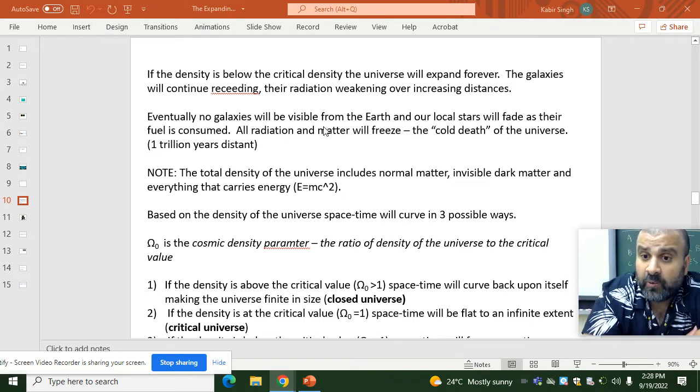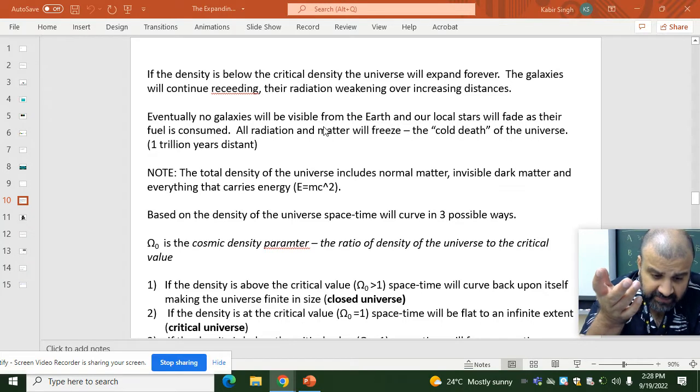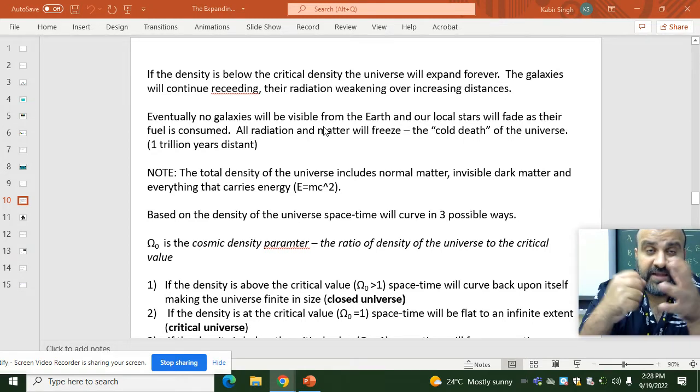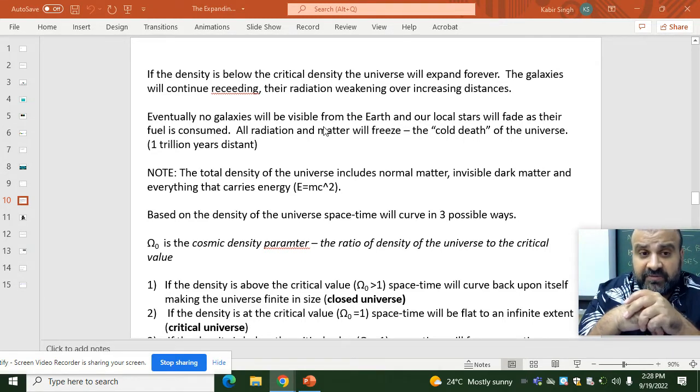And we'll have the cold death of the universe. Right? Long time away, though. So those are the two theories. Expansion, if we're below the critical density, or contraction, the collapse of the universe if we're above that critical density.